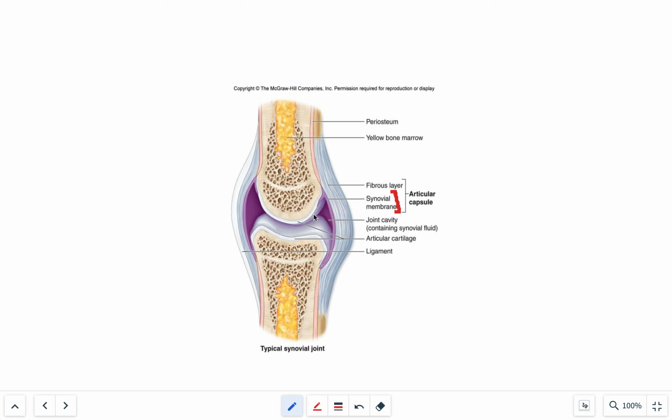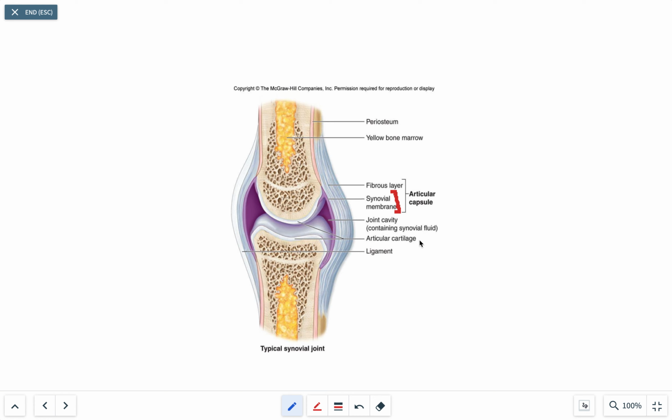The cells inside of the synovial membrane produce a fluid called synovial fluid. Synovial fluid is important in these synovial joints for lubrication. It helps nutrient distribution and also aids in shock absorption.